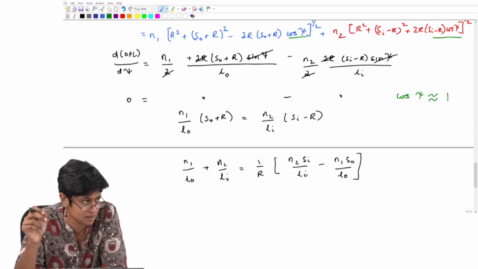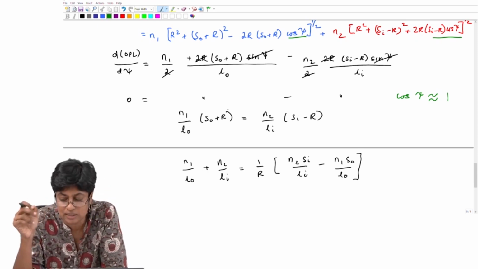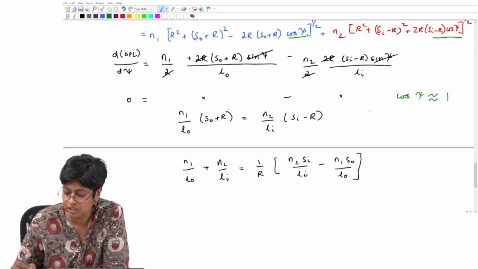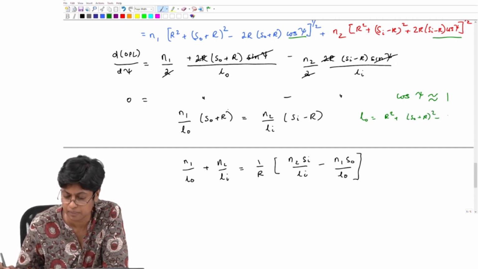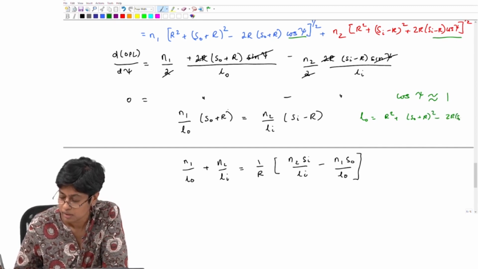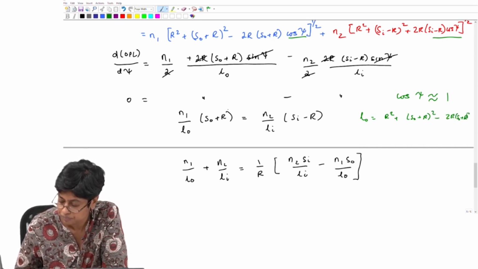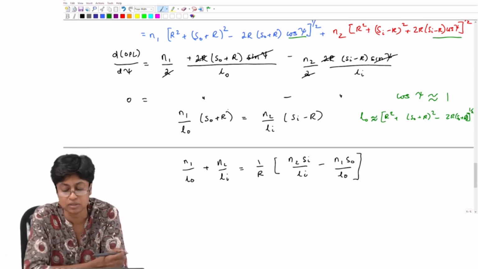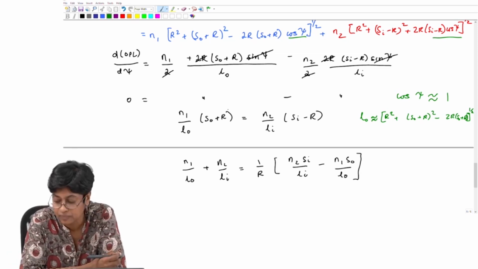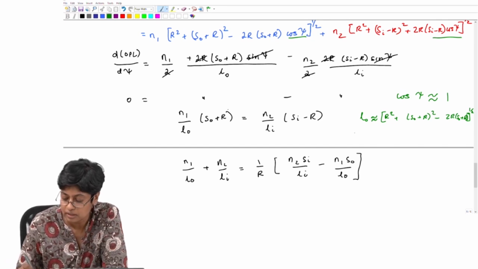Does that help us? Now the moment I say cos psi is equal to 1, what will happen to my definition of L naught? L naught was r squared plus s naught plus r the whole squared minus 2r s naught plus r, to the power half. Now I've put in cos psi is equal to 1, so let's expand this.